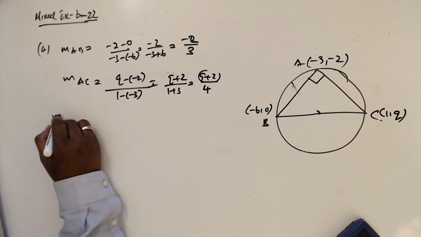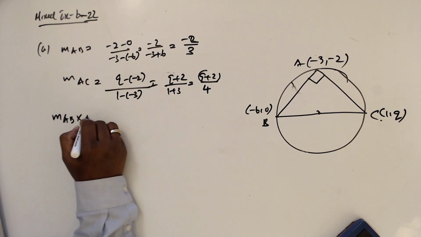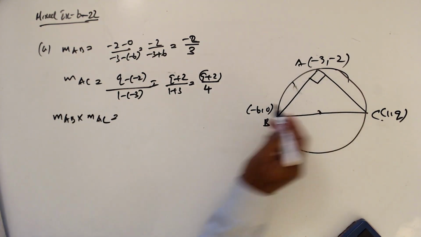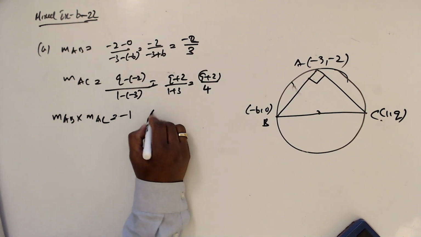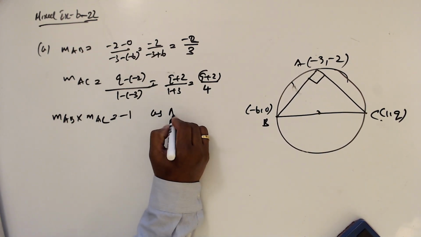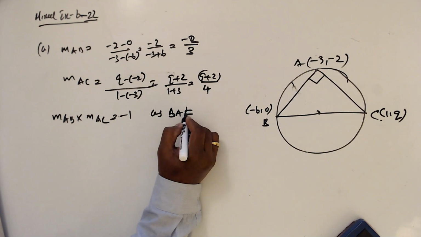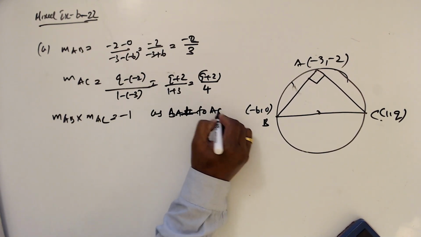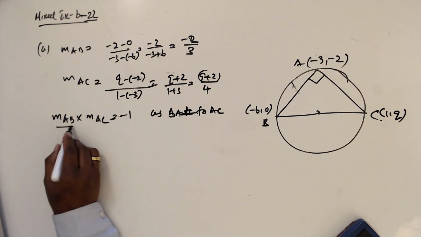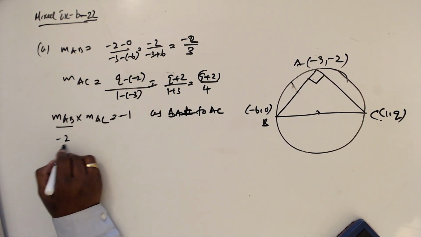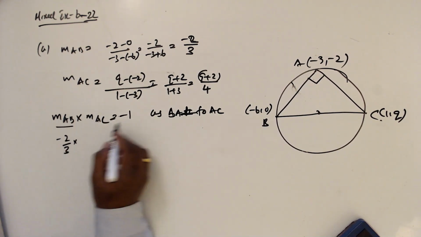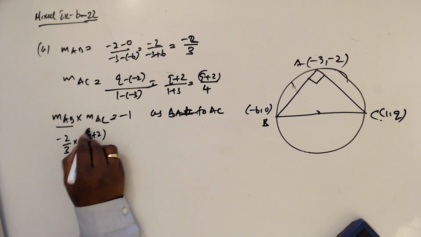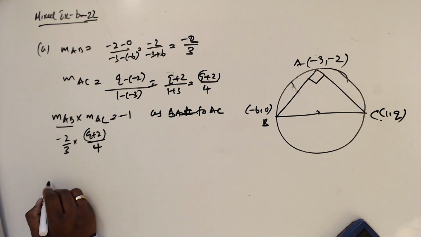Now MAB times MAC. When you multiply these gradients, it equals minus 1, as BA is perpendicular to AC. MAB is minus 2 over 3, and AC is q plus 2 over 4.